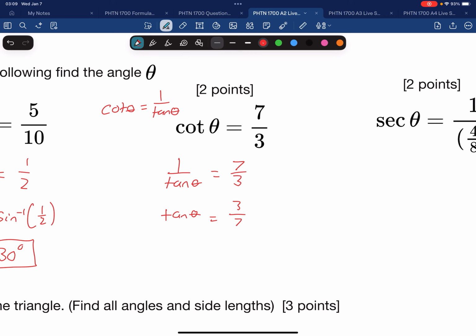I'm going to go ahead and take the arctangent, or the inverse tangent, of both sides to find theta, and plugging that into my calculator exactly as is gives me, let's call that 23.2 degrees.